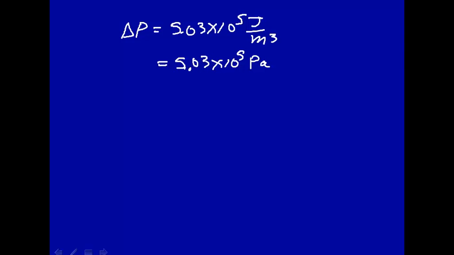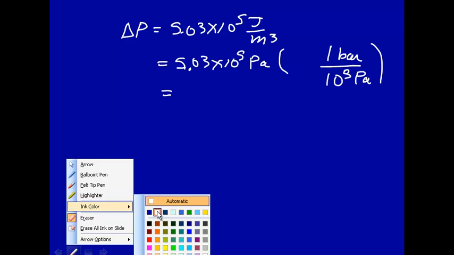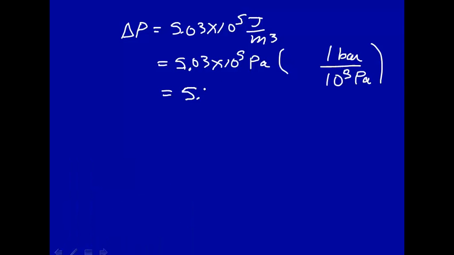And that's generally true. If you use SI units throughout, then whatever quantity you're calculating will have the SI unit. All right, and we have to multiply, because we want it in bar, that's what we're asked to calculate in the problem, by 1 bar over 10 to the 5th Pascal. Okay, so this is 5.03 bar.